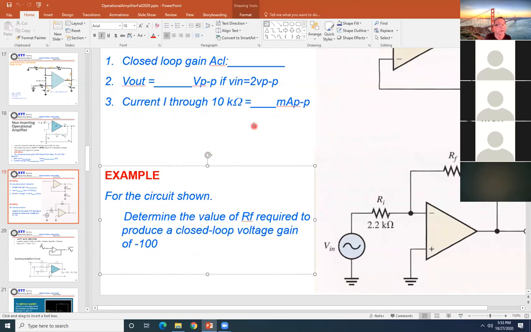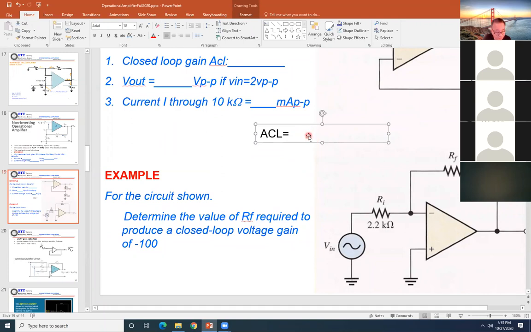Let's see, I can calculate right here. Okay, you get gain ACL equal what? Negative 100. Minus 100, right?